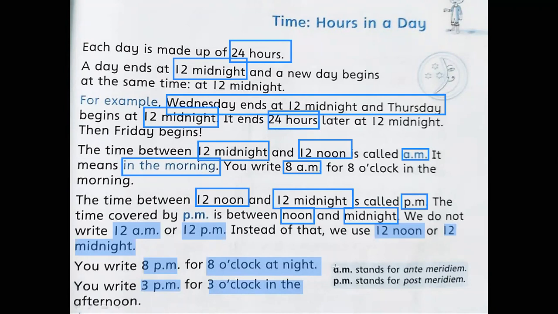So I am repeating myself once again. AM stands for anti-meridium and PM stands for post-meridium. So anti-meridium means the time before noon, morning time, and PM means the time after noon, evening time. So remember these things.